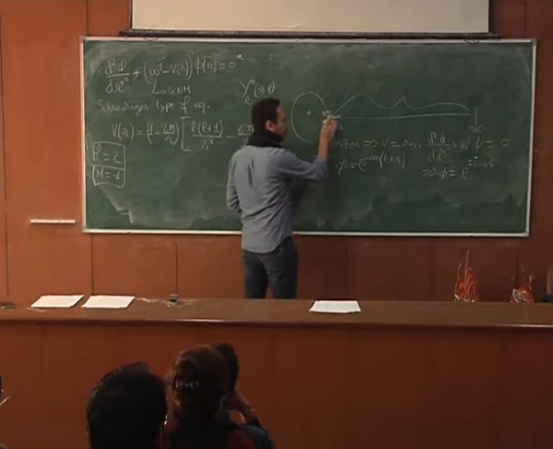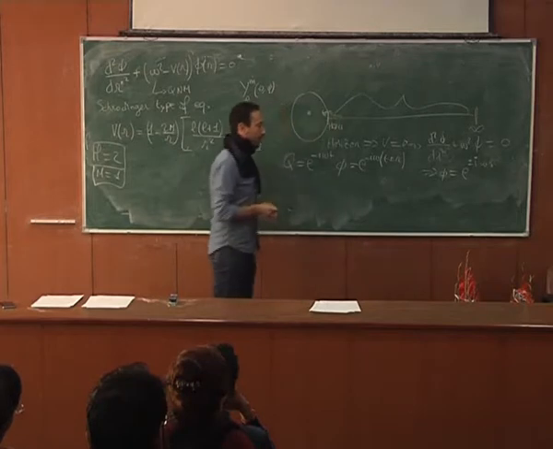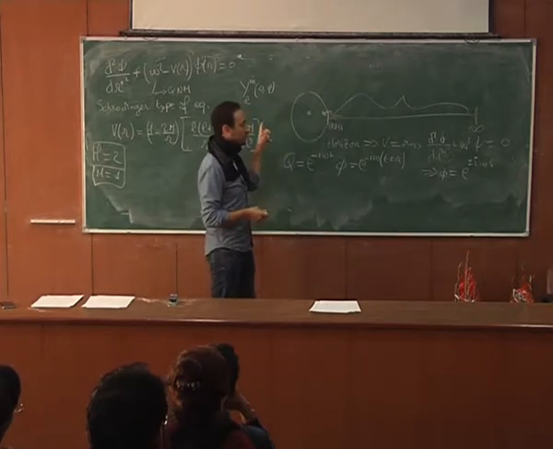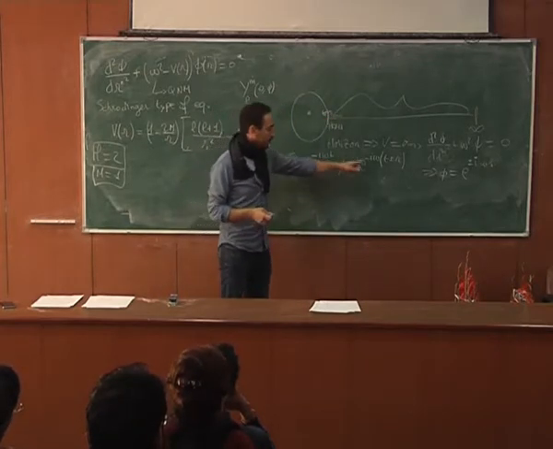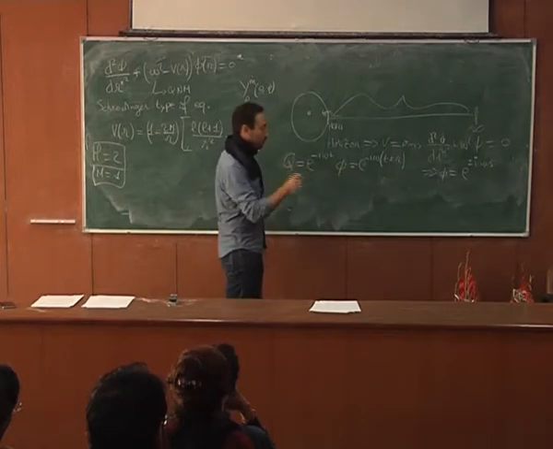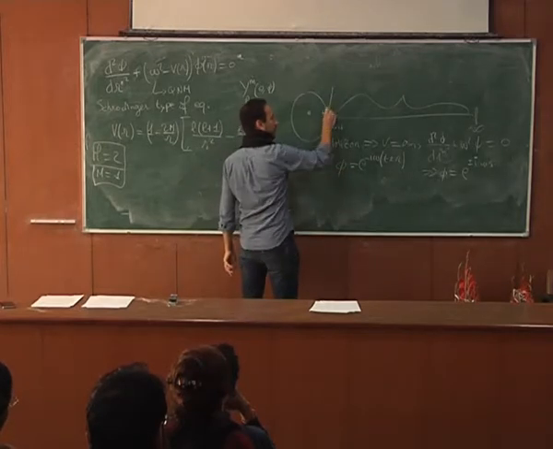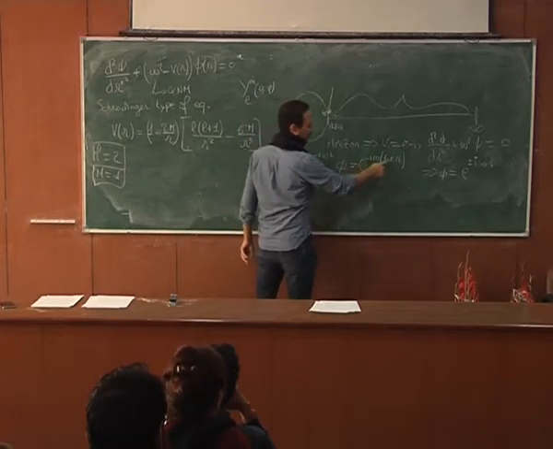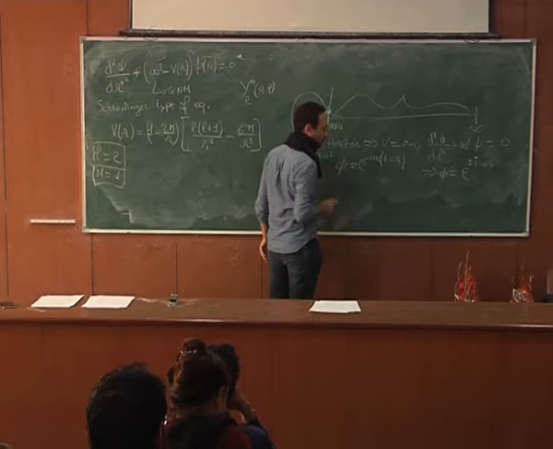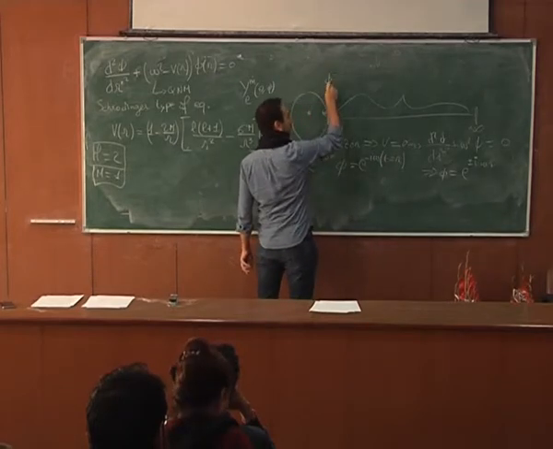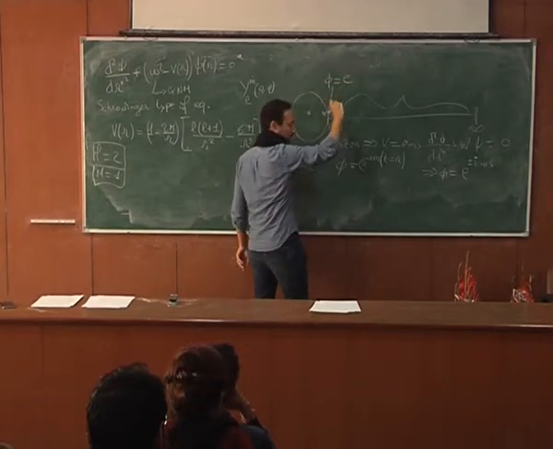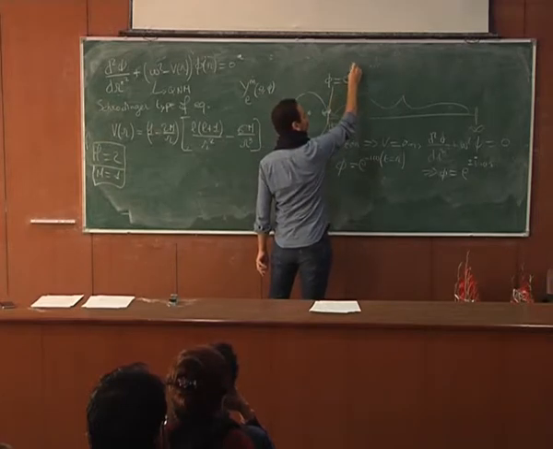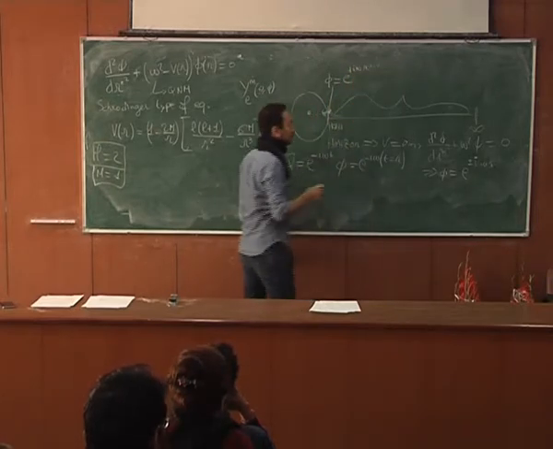So that solution should not exist. I should have only waves which are going in. So between these two, I should impose that my solution should be the one with this sign, which means that phi is exponential of plus i omega r.